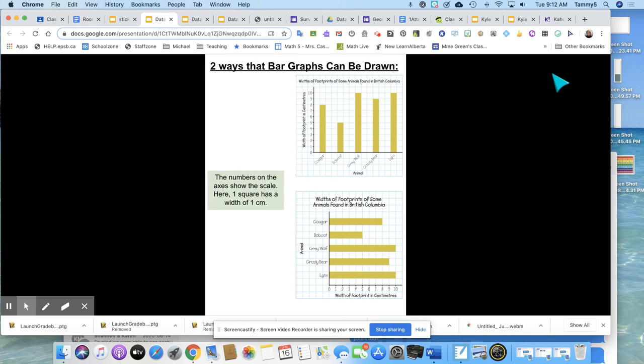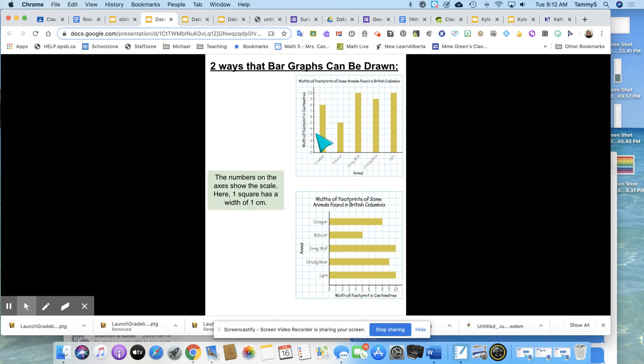Okay, now I wanted to show you that there's actually 2 ways that bar graphs can be drawn. What I want you to see here is that this graph up here is the way that I usually make my bar graphs. Along the x-axis, I always put the manipulated variable in an experiment, and then I put the responding variable on the y-axis.